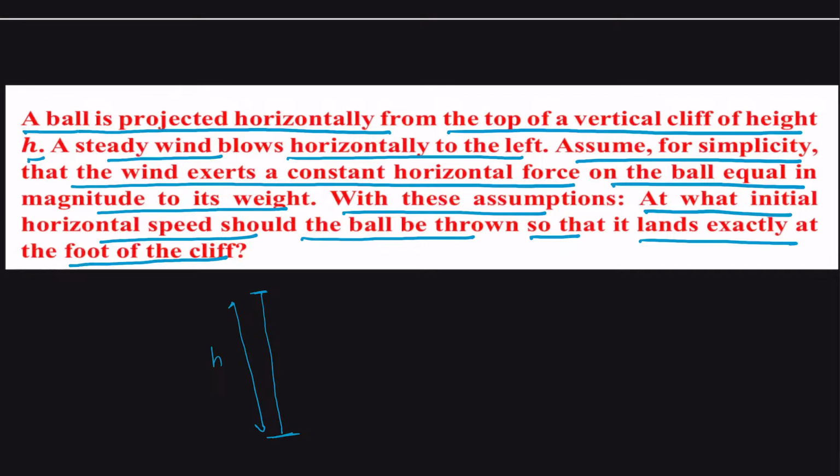And it is projected horizontally, toward the left. And we have to find out what should be the horizontal speed so that the ball lands exactly at the foot of the hill, at this point. So it is going to start from point A and it should end at point B. So this is the basic question.